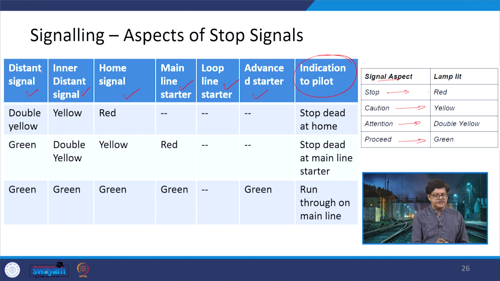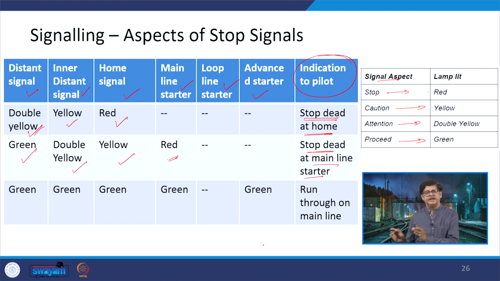Now, here the distant signal, if it is double yellow, where an inner distant is yellow and home signal is red, then it says stop dead at the home signal. Now, when it is set that you are coming to the main line, so it is green, you can move, but it says double yellow, attention, and then home signal says caution, then a main line starter says red, it means you can come to the main line and stop at the main line starter.